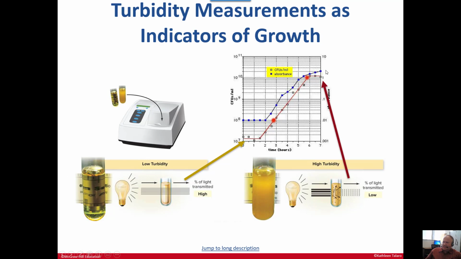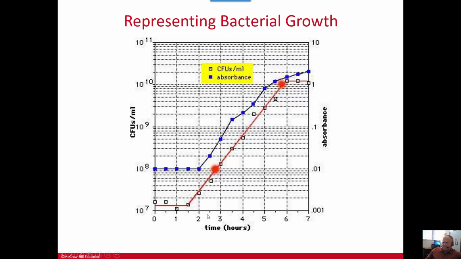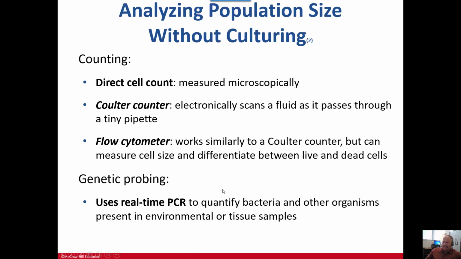So you can see, as a result of the transition all the way through, if you were to take plots as it was growing, it's a very easy way to do it instead of having to plate, and it gives us the data that we need. The other ways of doing this is that we can use counting, using a direct cell count measured microscopically. We call it a Coulter Counter, which electronically scans a fluid.